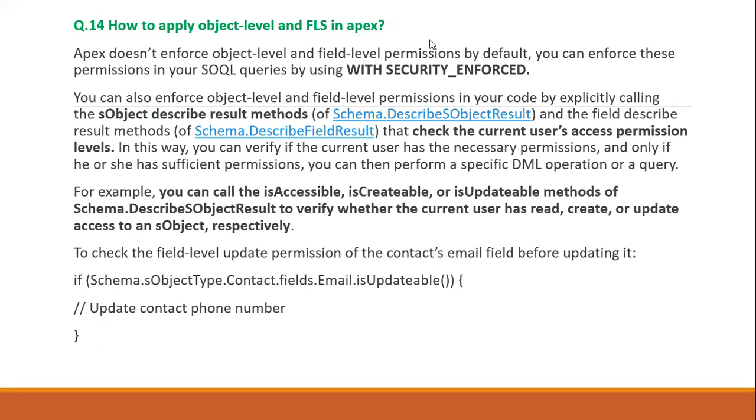Next question. How to apply object-level and FLS in Apex? Apex does not enforce object-level and field-level permissions by default. You can enforce these permissions in your SOQL queries by using WITH SECURITY_ENFORCED.